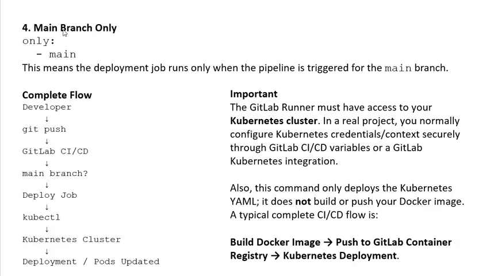And the fourth is the main branch only: only: - main. This means the deployment job runs only when the pipeline is triggered for the main branch.